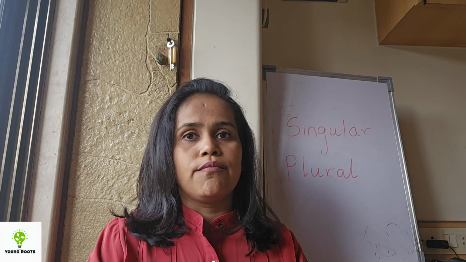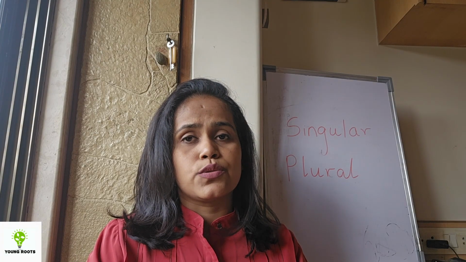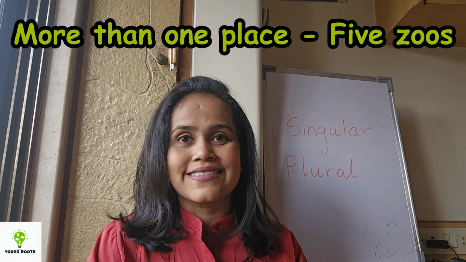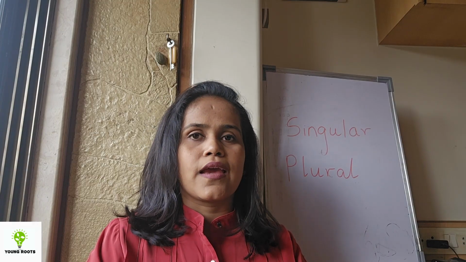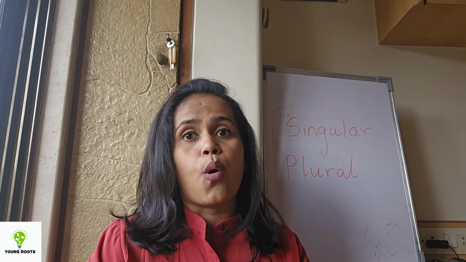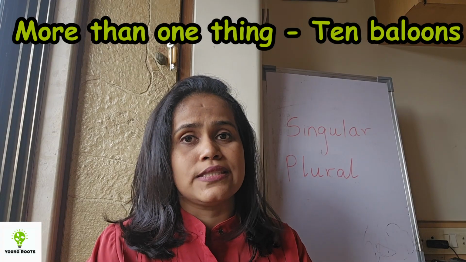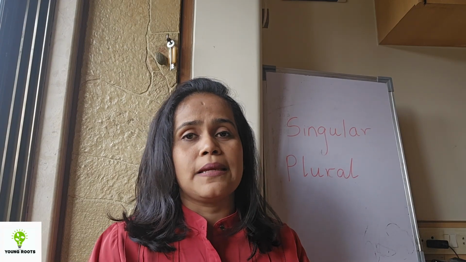Then when more than one place, so you can say we had gone to 5 zoos. Okay, you had visited that many zoos. Then more than one object, we got 10 balloons. S. Okay, and you're mentioning how many balloons you've got, number.